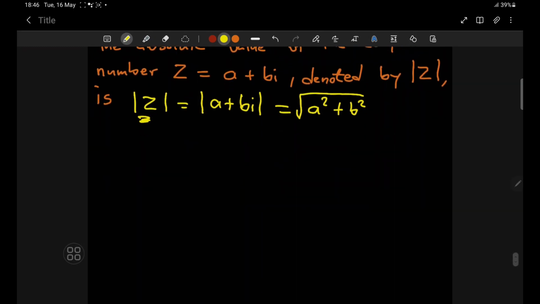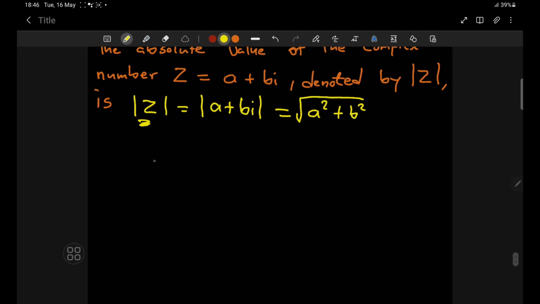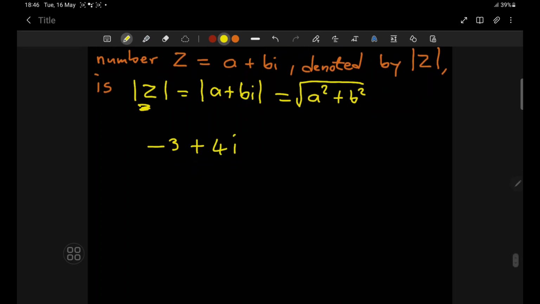Say for instance, we had the expression negative 3 plus 4i. So for this one, say this is z.